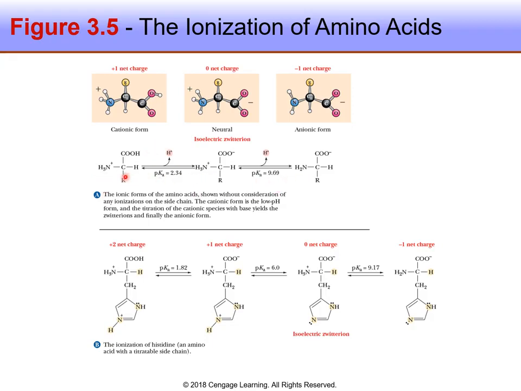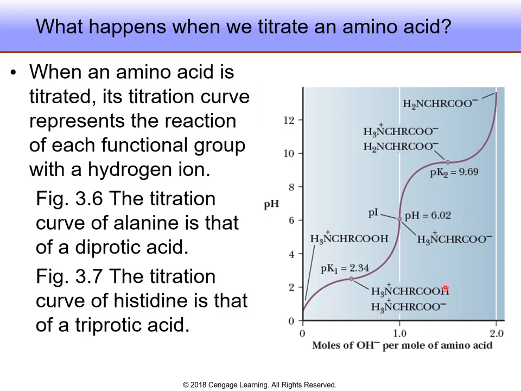Now, form 1, the cationic form, predominates at a pH lower than 2.34, and form 2 predominates at a pH higher than 2.34 and lower than 9.69, and the anionic form predominates at a pH higher than 9.69. Now, if you construct a titration curve for this, you will get the following titration curve.